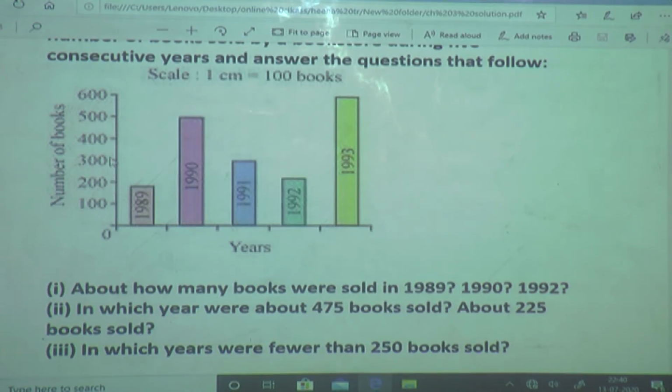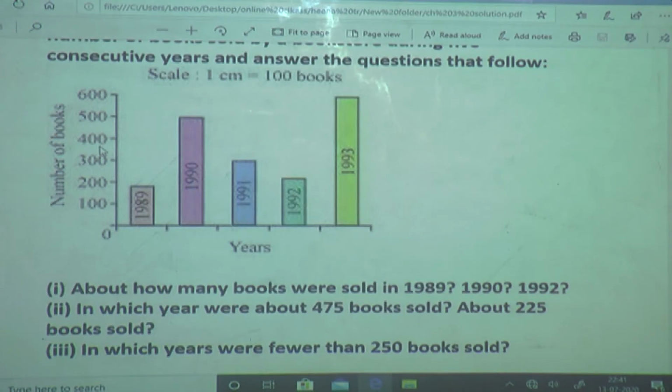That may be in between 200 and 300, so it will be approximately 250; I am not saying it accurately. The next question is: in which year were about 475 books sold? We have to see the y-axis first, where is 475.